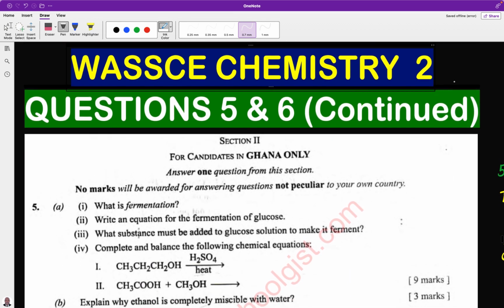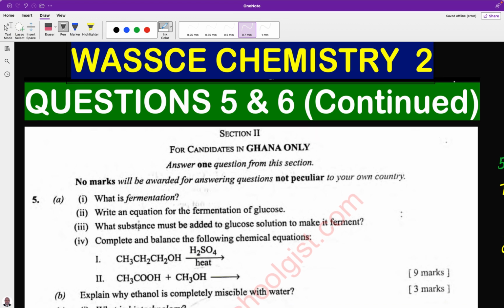A total of all these, from A1, A2, A3, A4, then 1 and 2, makes 9 marks. You don't have to write much, just go straight to the point, because we have just 9 marks for all this. But if you have space and time, it's good, you write.